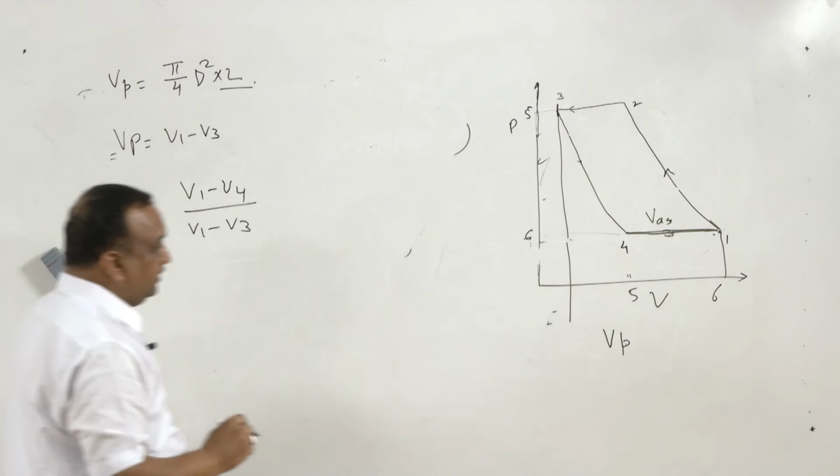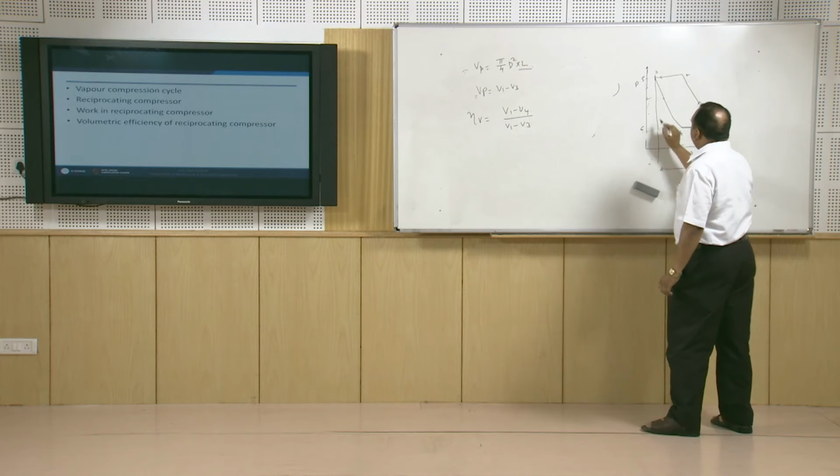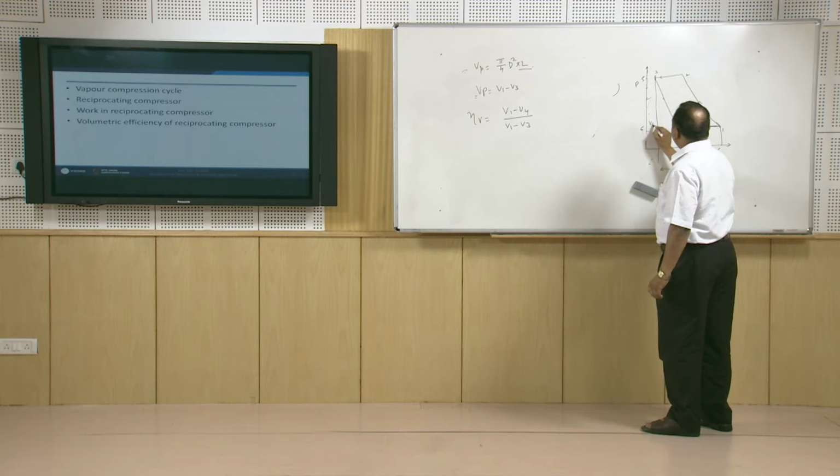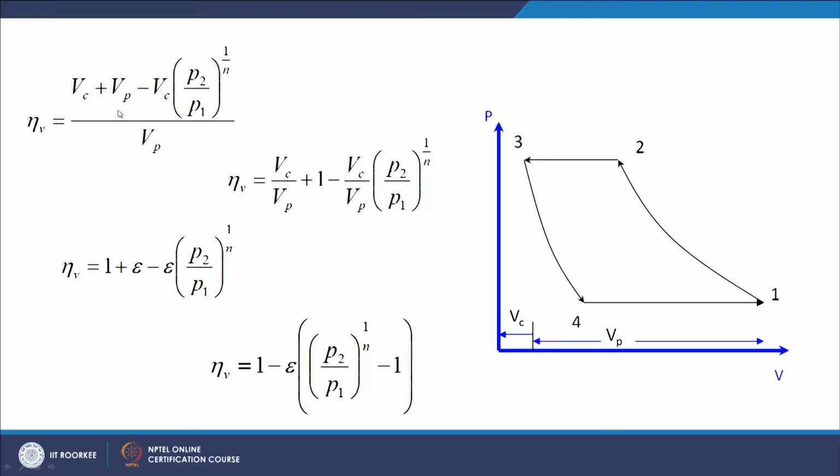Now here, this is the clearance volume Vc. So V1 is clearance volume plus Vp, and V4 we can take as clearance volume multiplied by (P2 by P1) raised to power 1 by n.